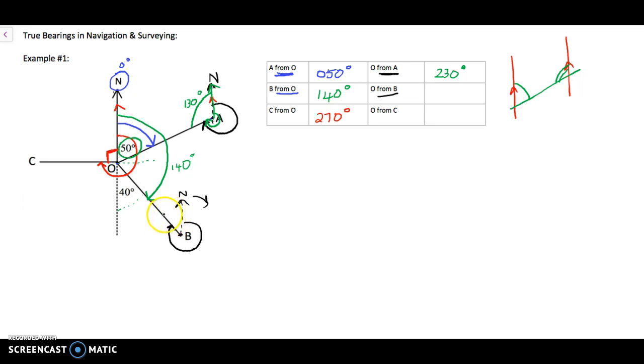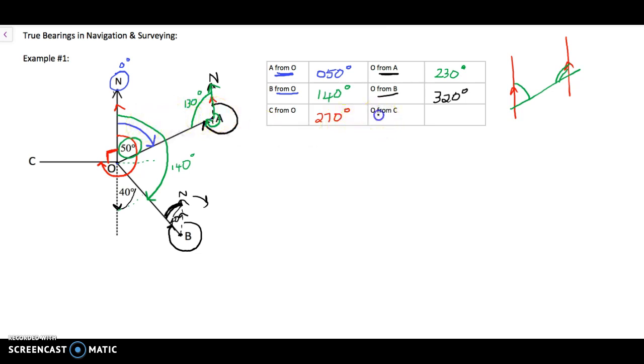So what I need to do is find this leftover angle here that I'm not using. I can use these two as my parallel lines, my north point and the dotted line in the diagram, and see that 40 degrees is alternate to this leftover piece here, which would be 40. So from B, O is actually 320 degrees as a true bearing.